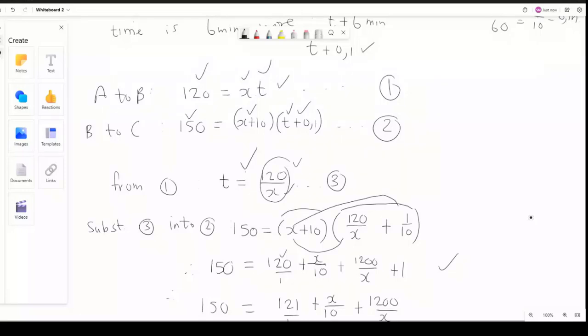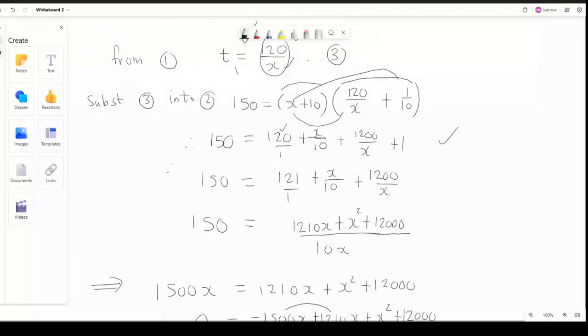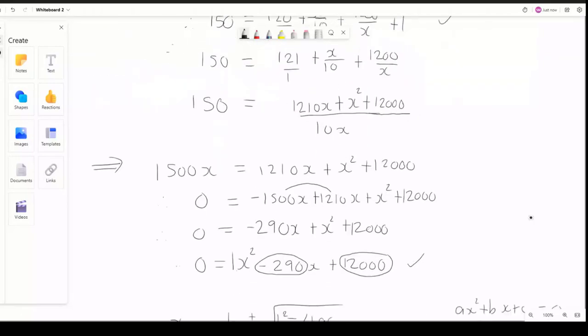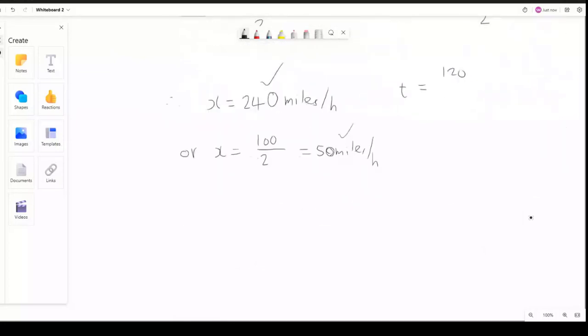Now what we can do is to substitute and check. Although we expect some consistency with question 2, we can now get the time for 240 from here. Remember this equation here, guys? T is 120 over X. Then we can test those answers and check how it relates to the other.